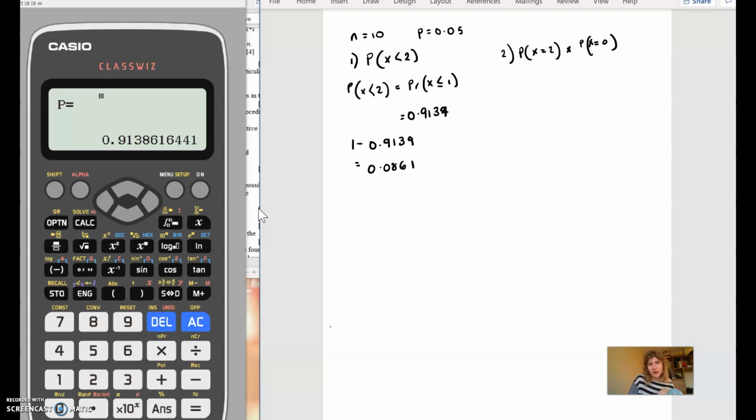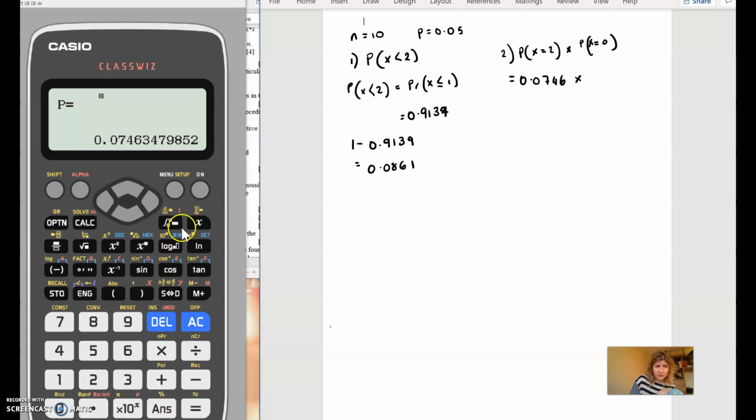If we then look at the second part, firstly we're looking at the probability where x is equal to 2. Rest all stays the same, and we have a 0.0746 probability there.